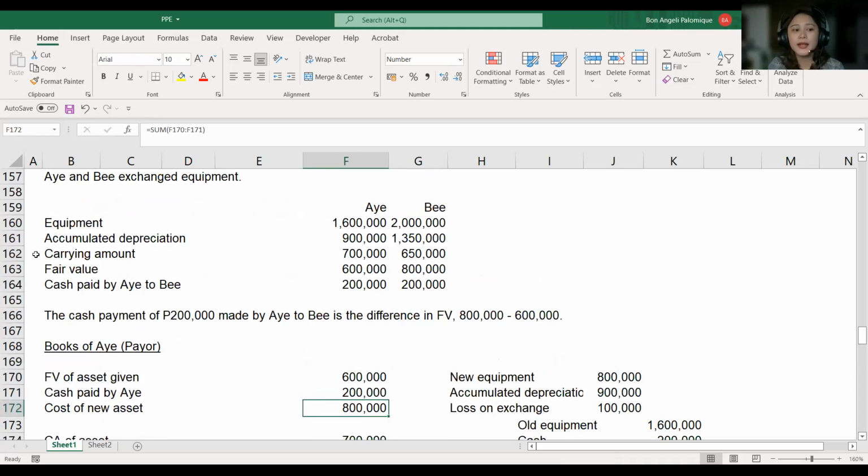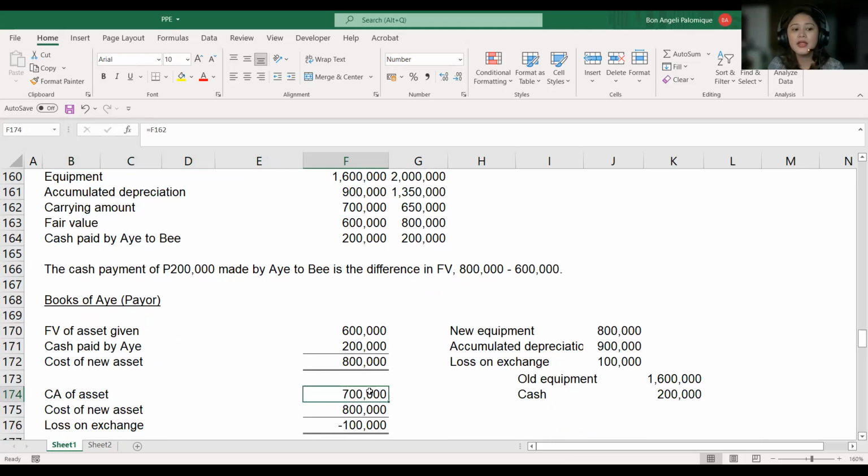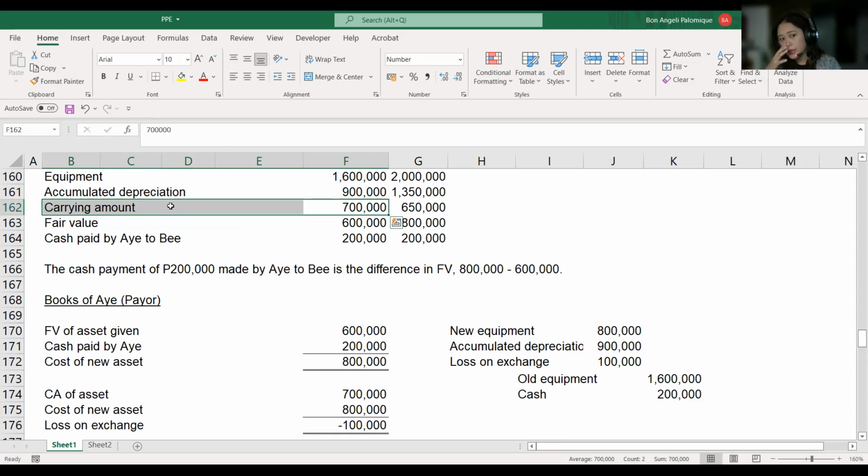So, magkano ba yung carrying amount niyan? Sa libro ko, 700,000 lang yan. Tapos, ang cost ng kanyang new asset para bilhin yun is 800,000. So, nalugi ako ng 100,000. So, ang ating recording is ang new equipment cost is 800,000. Tapos, i-recognize mo na yung binigay mo, which is worth 700,000 sa libro. So, take note para huwag kang maguluhan.